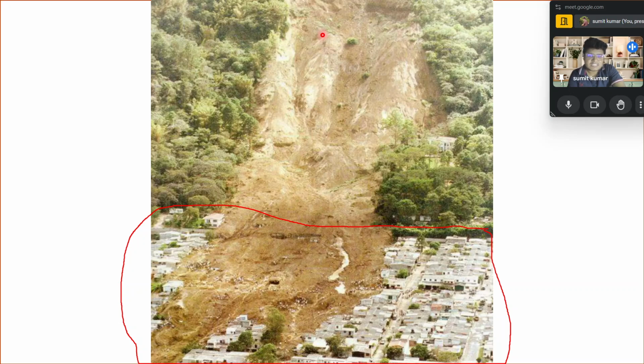And as the failure takes place, it draws down the constructions which are established over here. And that will be very harmful if some people are drawn into those things.